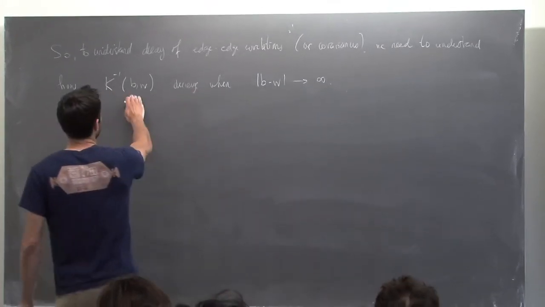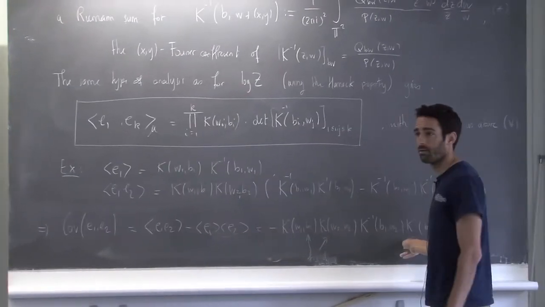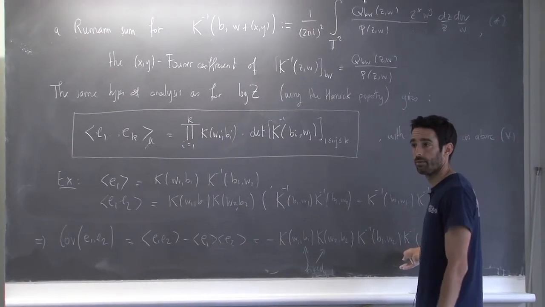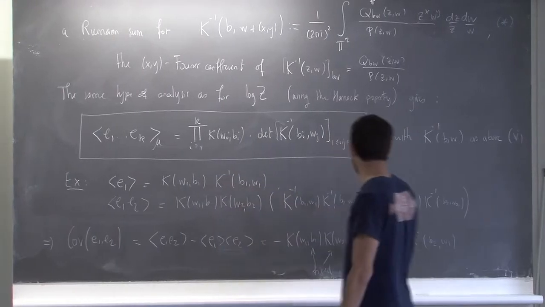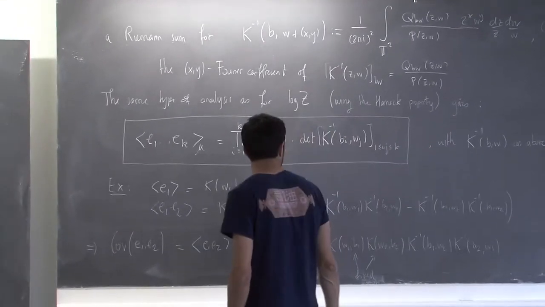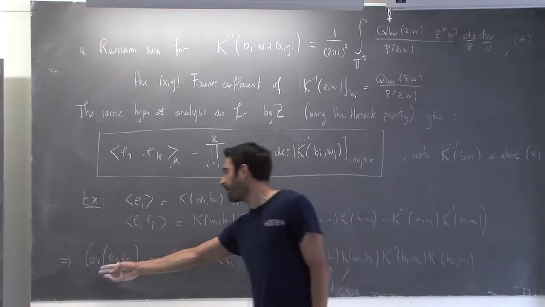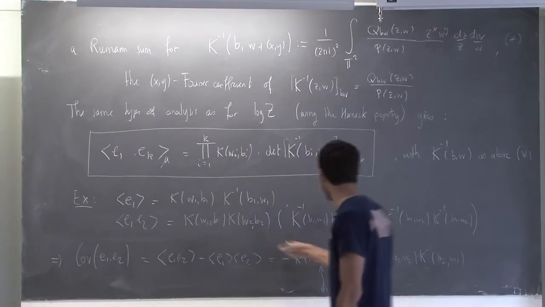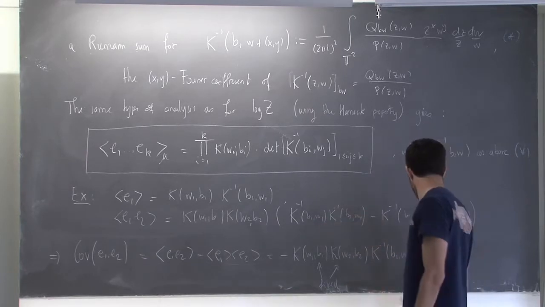Okay, and if this thing decays linearly, then the covariances will decay quadratically, right? If this thing decays exponentially, this thing decays exponentially. Okay. And you see it's the same to study the decay of covariances or correlations because, again, this thing here, it's fixed.